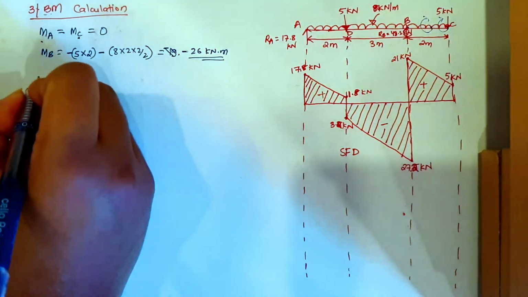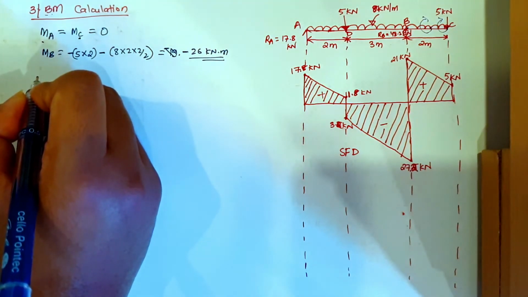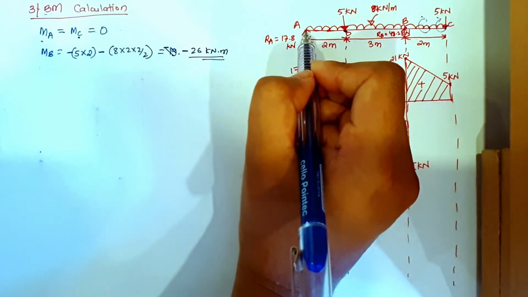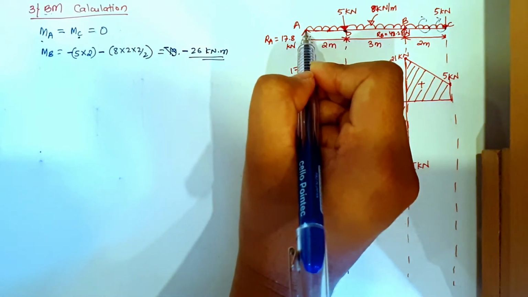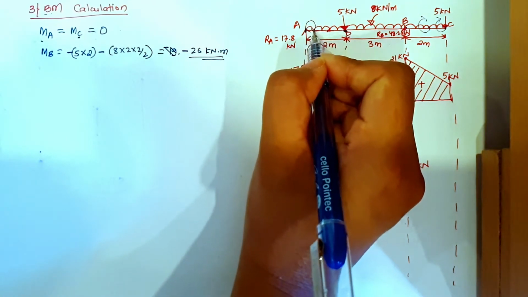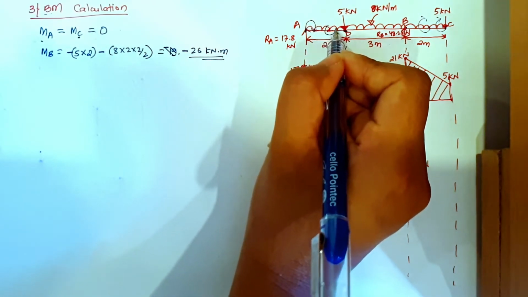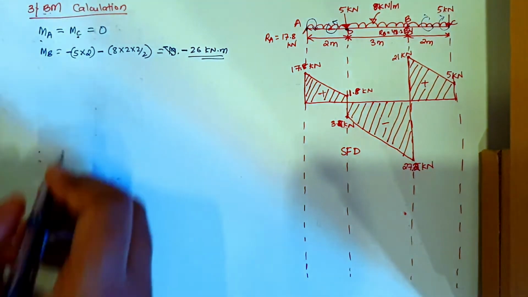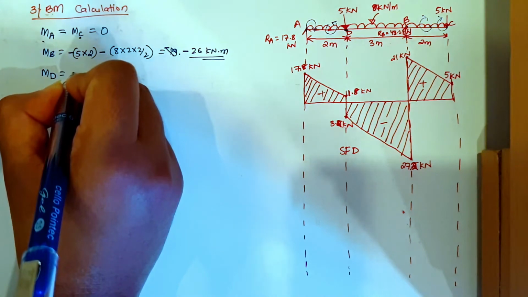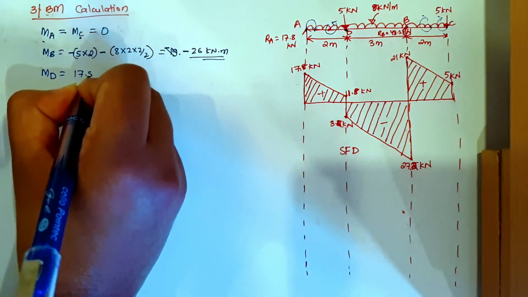Okay, now moment at D point, to find this, we will come from A to D. So we have RA going in a clockwise direction and this UDL going in an anti-clockwise direction. So moment at D will be equal to 17.8.